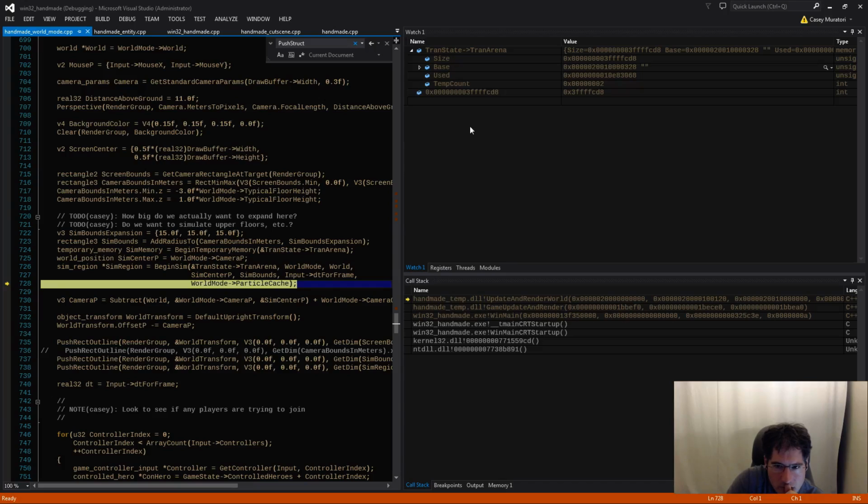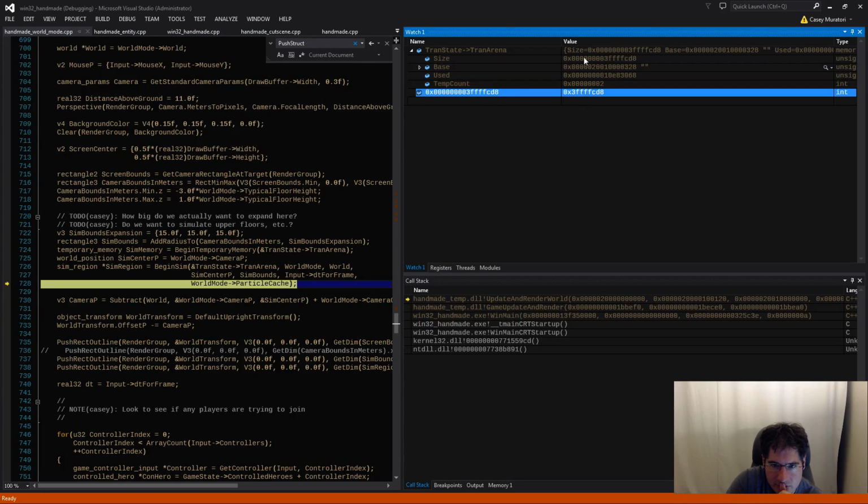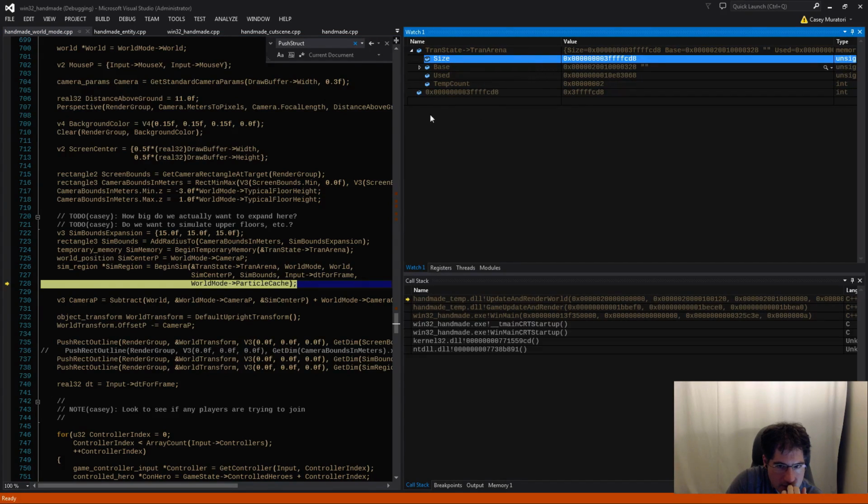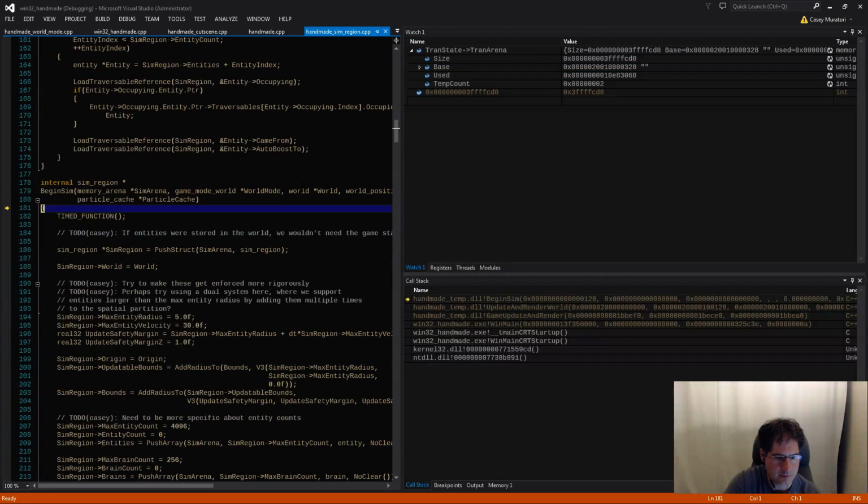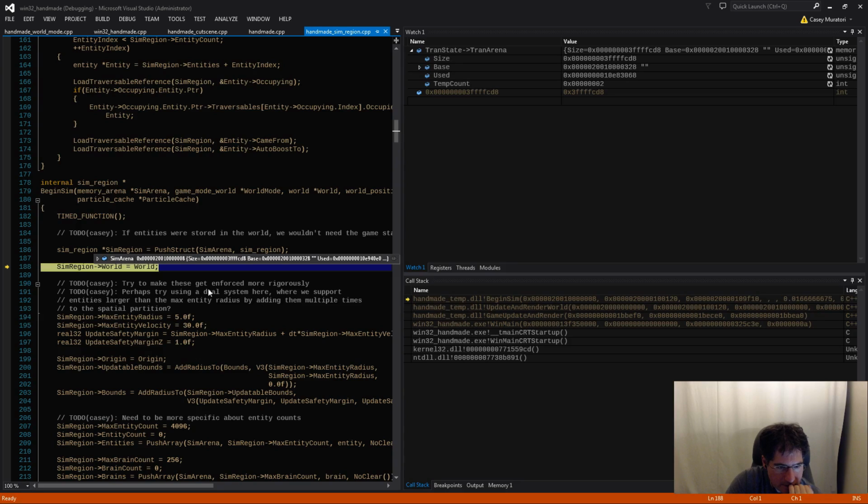So I don't know why that would be a problem. That seems totally legitimate to me, to be completely honest with you. So it pushes on a sim region, right? And it's using the temporary arena, so that should have gotten bigger now.